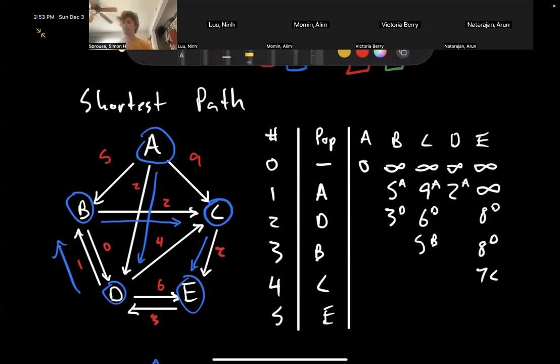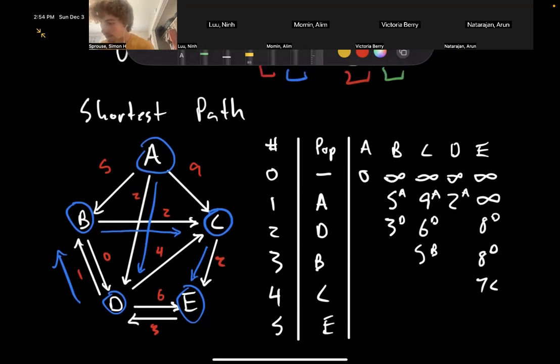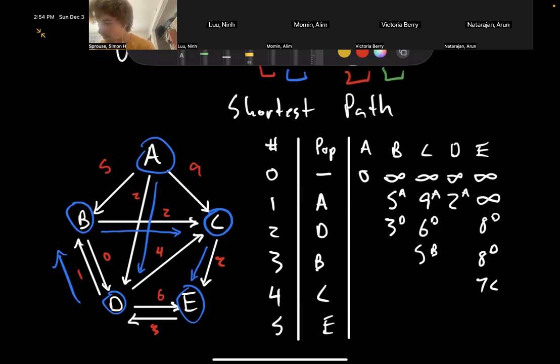Dijkstra's algorithm is going to return the shortest path given a graph, right? And maybe it would have been wiser of me to have written the full name of this problem, which technically is the single source shortest path, because we have to pick somewhere to start from.